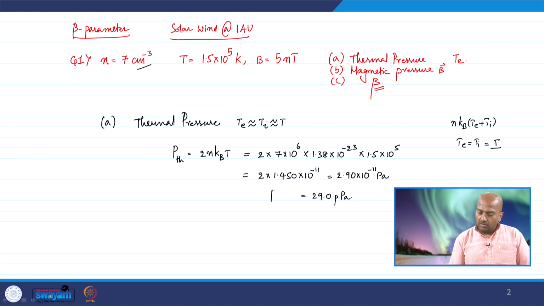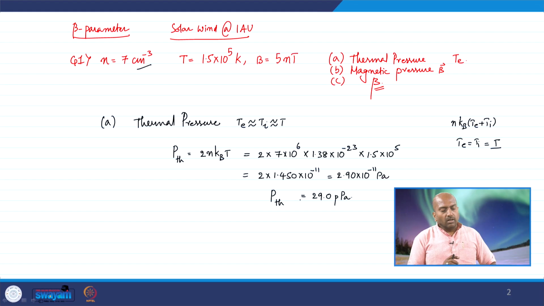What is this? This is the thermal pressure. So, this is the pressure that this weak plasma is exerting because of its temperature.